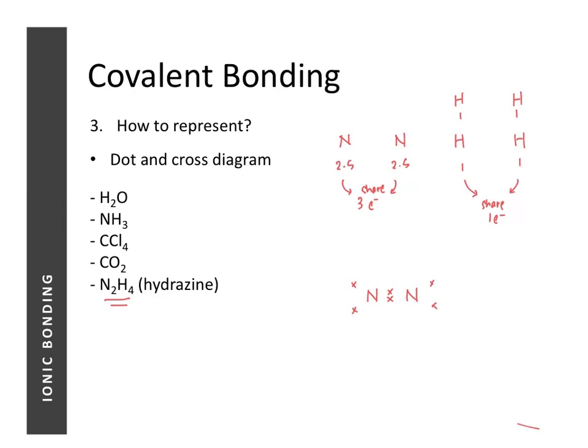There are 4 hydrogen atoms that want to share 1. So essentially, we can have 2 hydrogen atoms sharing with each nitrogen atom. The dot and cross diagram will look something like this.